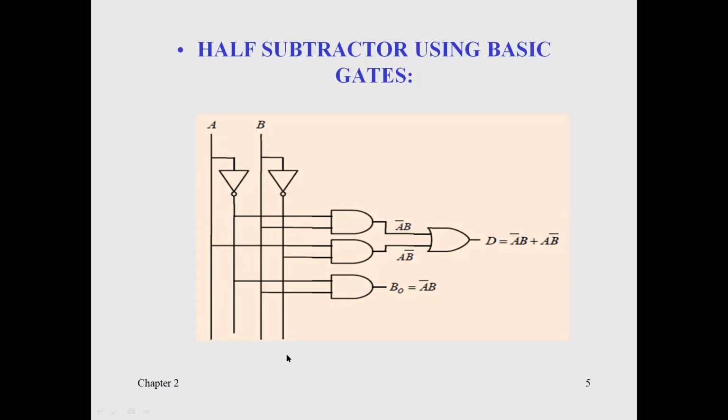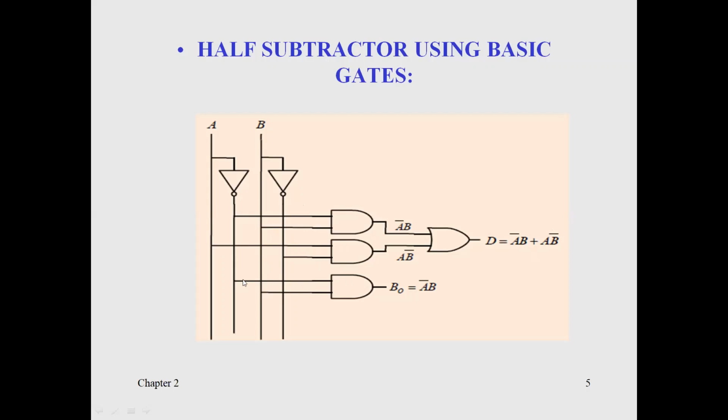It will be fairly simple to use in the result side, because we know D is equal to A bar B plus A B bar. So take an AND gate. You see here an inverter, and this is AND, this is OR, and this is AND again. So therefore, if you put one AND gate over here, you will get A bar into B. Similarly, you will get here A into B bar.